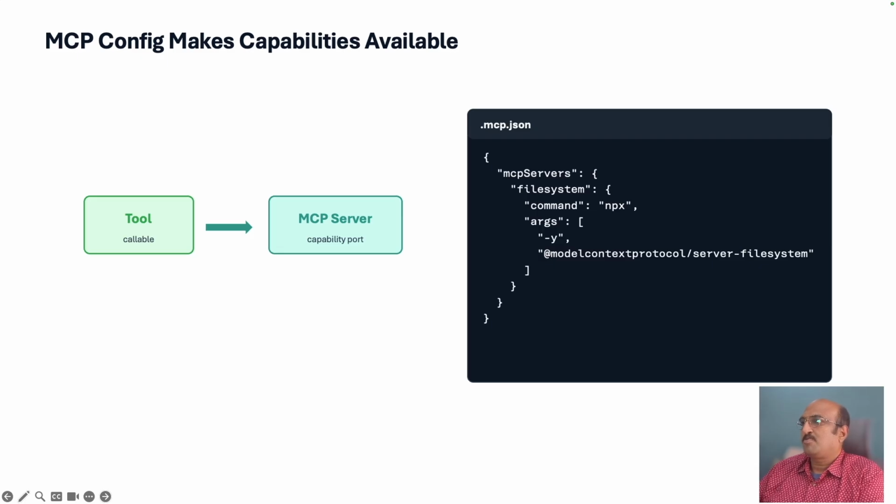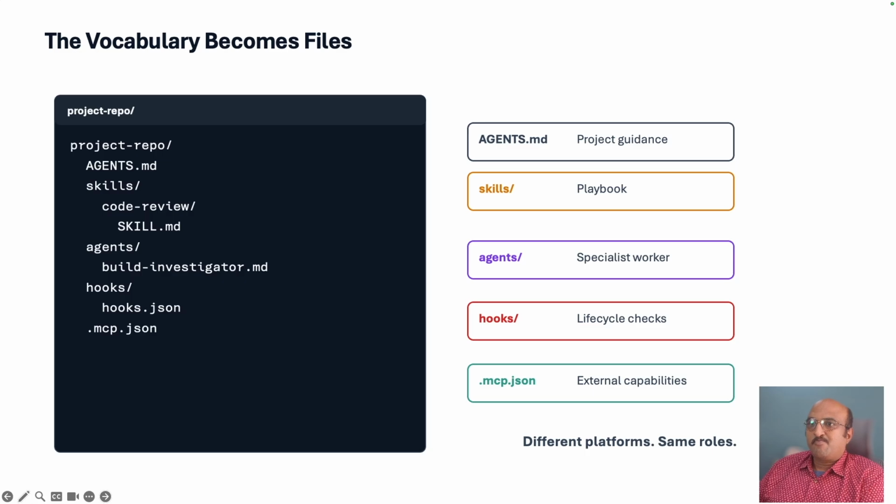For example, this one is a file system MCP server, which is used for accessing the file system on your computer. And at the end of the day, this is what is actually there whenever you are working on a repository. In a project repo, you have a skills folder under which you declare multiple skills, and then you have an agents folder where you write multiple sub agents, and then you have hooks, which are basically lifecycle checks and interceptors.